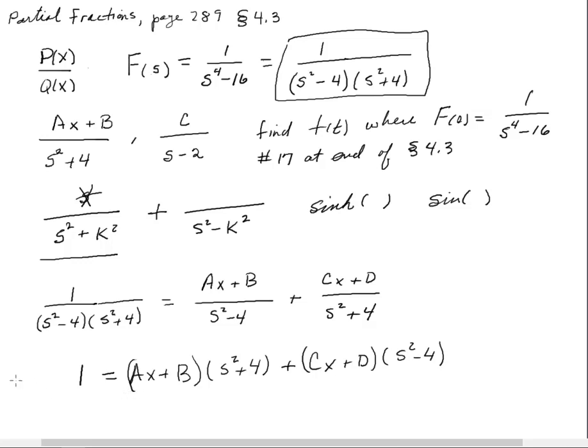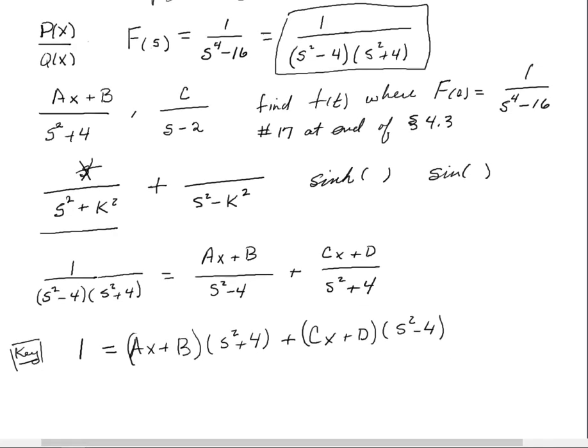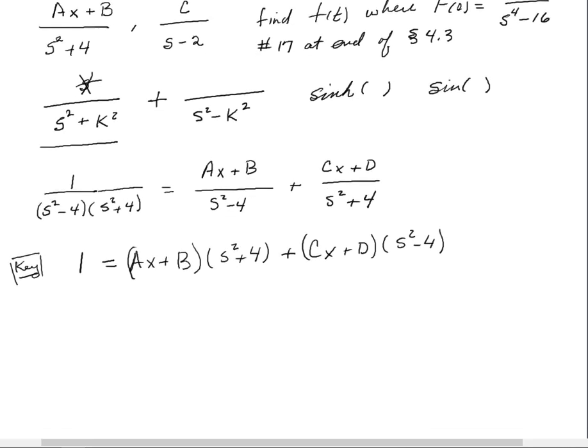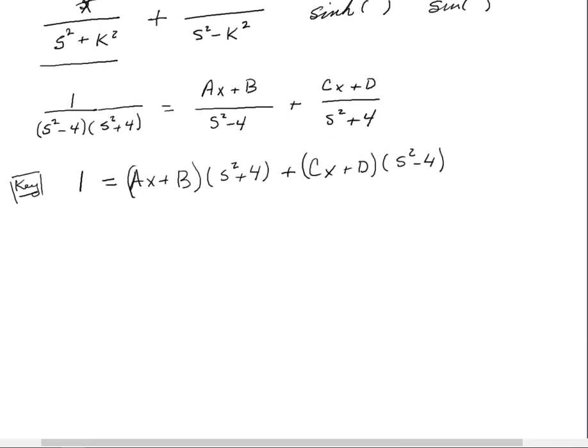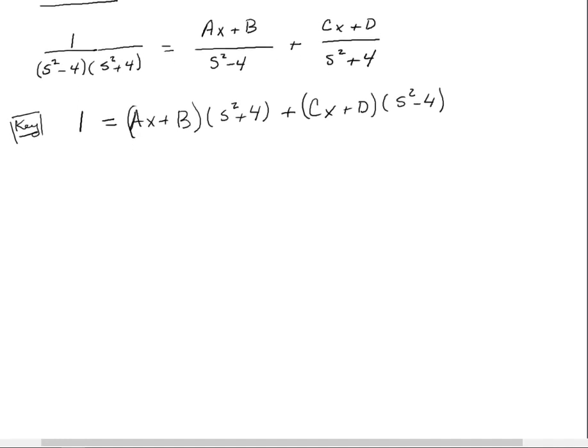So this is kind of a key equation. We're going to use this to see if we can't come up with a scheme for finding A, B, C, and D right here. Let me scroll up. Now I'm going to skip quite a bit of the algebra because I know you're very good at algebra.